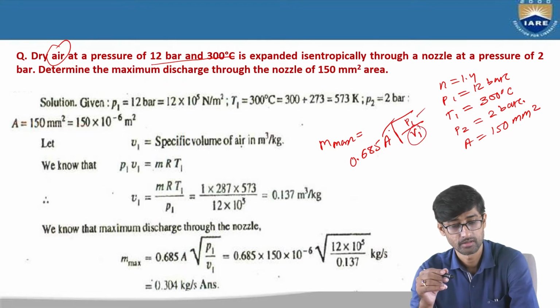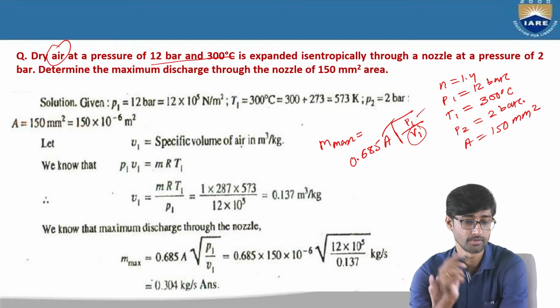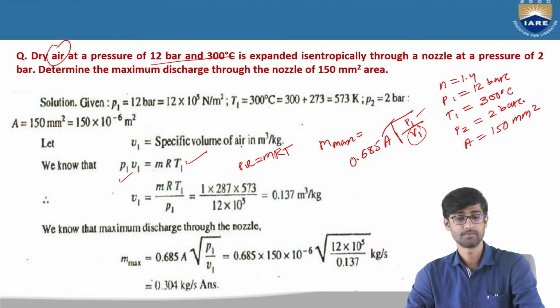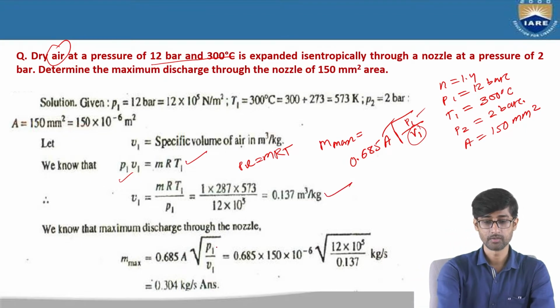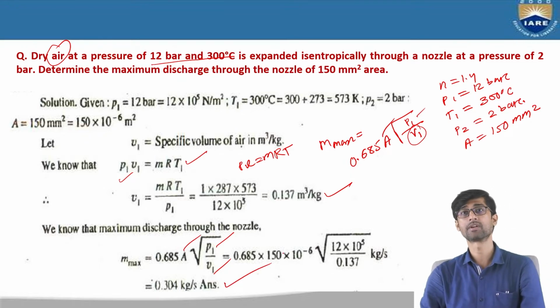How to calculate it? We are using air, which is a gas, so we use the gas equation: P1 V1 is equal to MRT1. So V1 is MRT1 by P1. Calculate V1 and substitute the values of P1, V1 and area, and you calculate the maximum mass. That will become 0.304 kg per second.